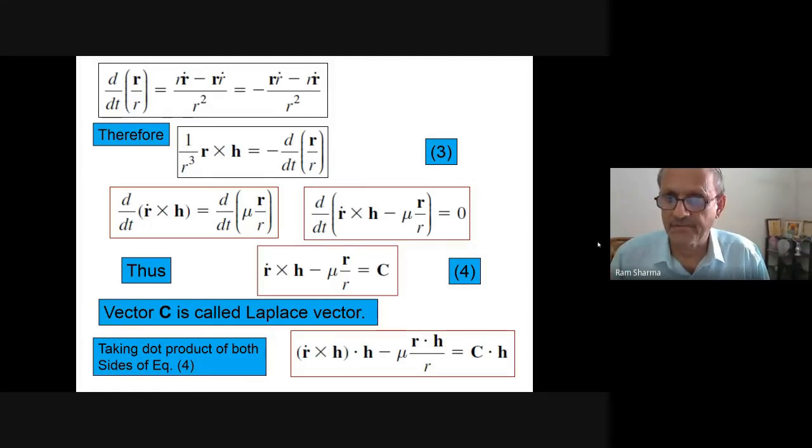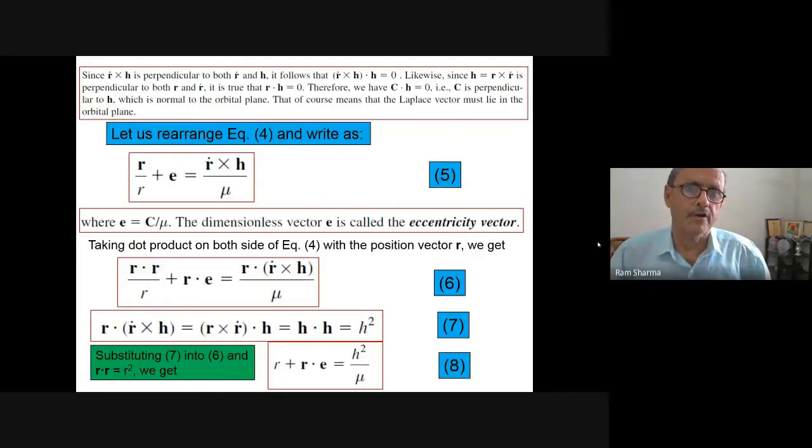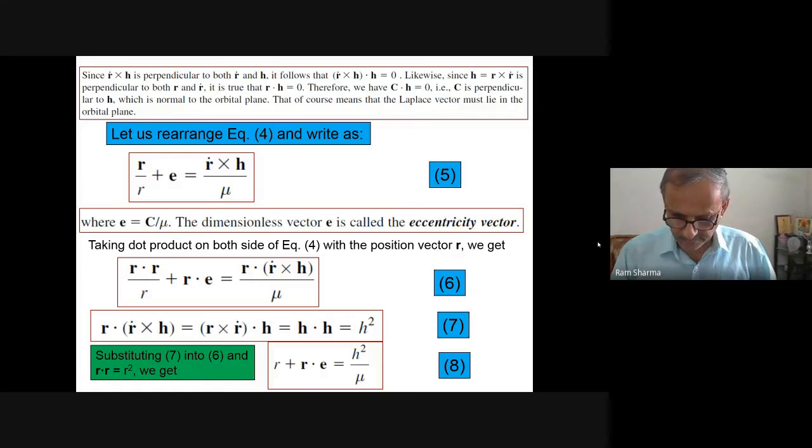Now C is called the Laplace vector. Now take the dot product on both sides of this, and that logic will tell you that C dot H will be 0. R dot cross H is perpendicular to R dot and H. That is the definition of A cross B. So R dot cross H dot H will be 0 in this equation.